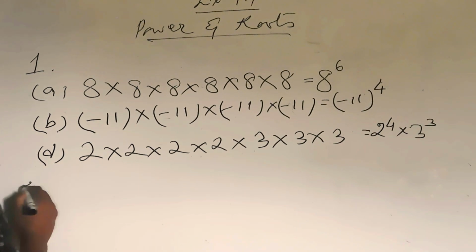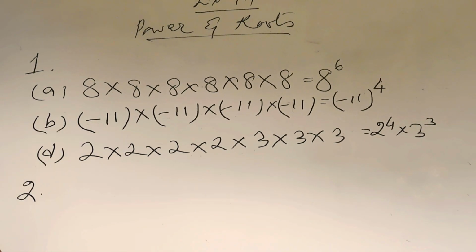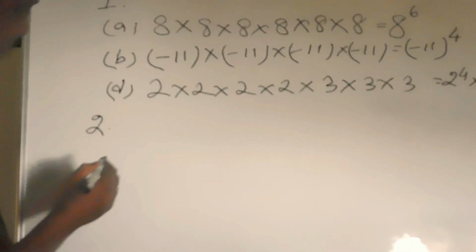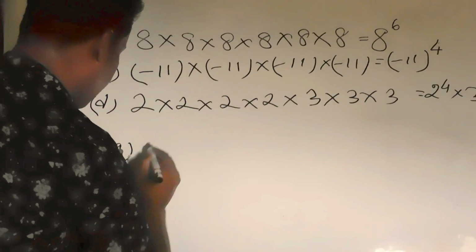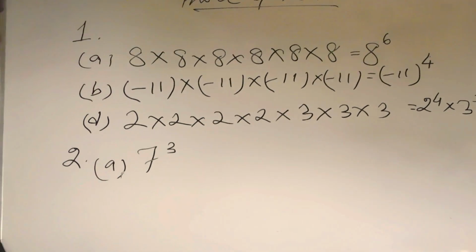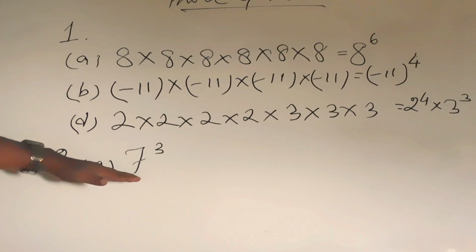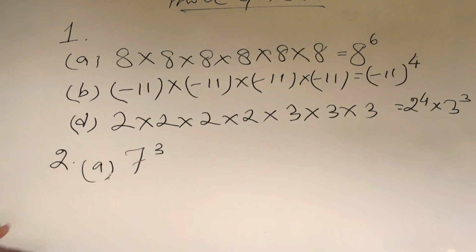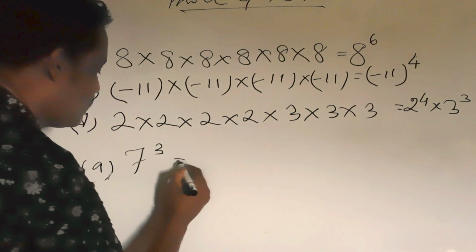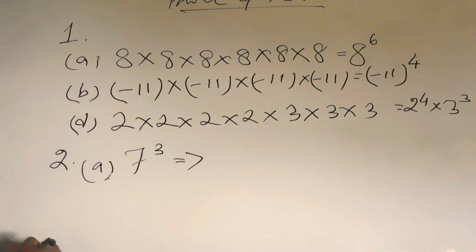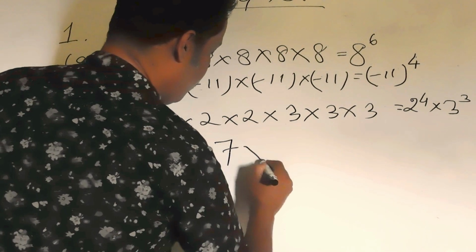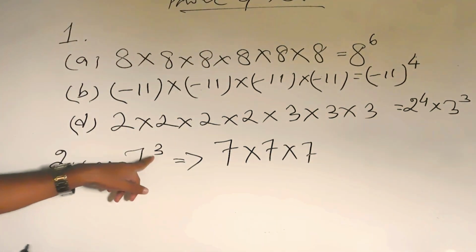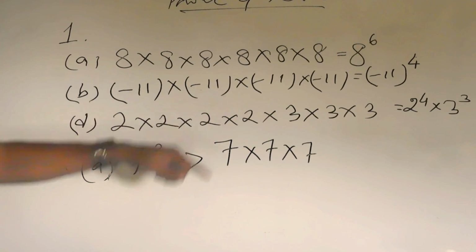Going into question number 2, calculate the indicated powers. The first question we have is 7 to the power 3. We are asked to calculate the power. First you change this into product form, that is 7 into 7 into 7, because 7 is 3 times.